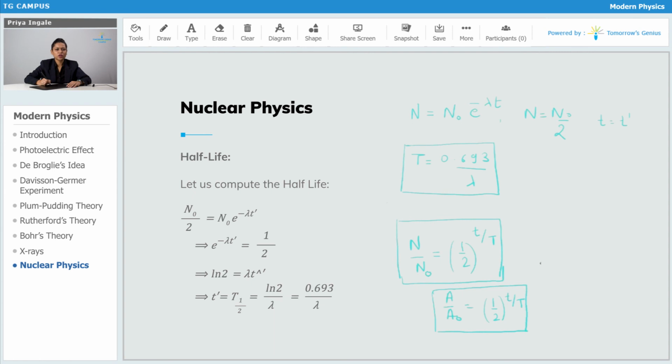So if you have a certain time interval between 2 to 3 seconds, and you are aware of this capital T, the half-life period, you can just replace these things. We will have the numerical, so we'll discuss this afterwards. So you can remember these two formulas, right? One is in the form of the number of nuclei and the second is in the form of activity.